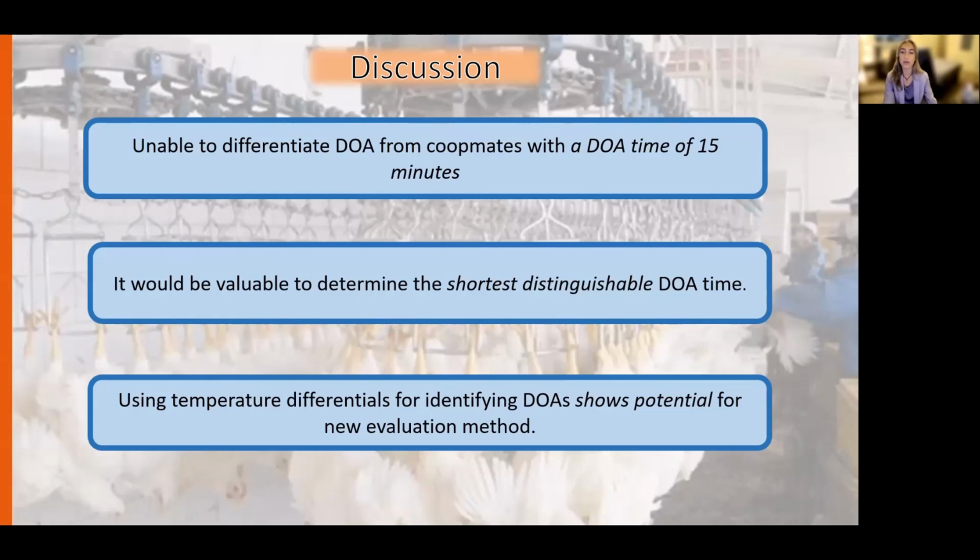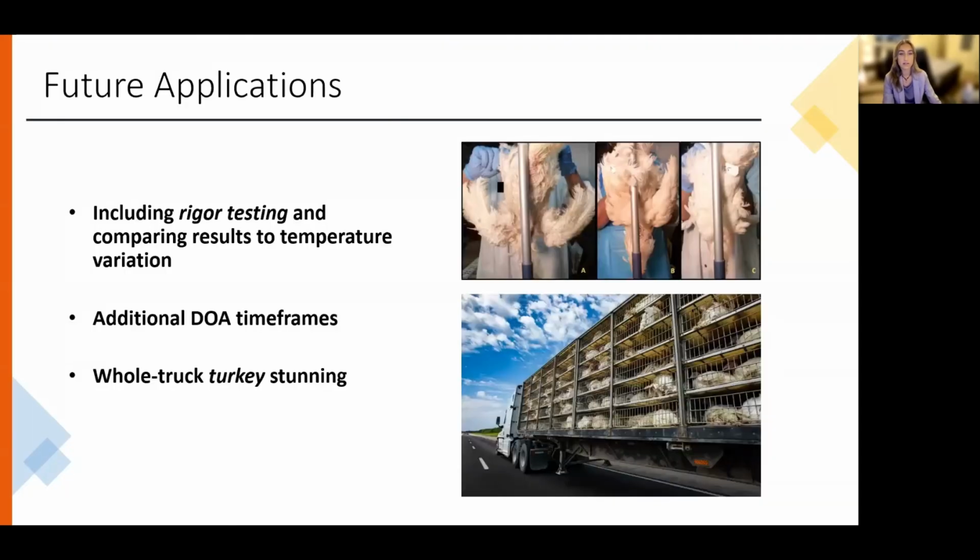What time could we actually start to see a distinguishable and significant result between the coop mate's body temperature and the DOA's body temperature? Using temperature differentials for identifying DOAs shows potential for a new evaluation method, as we did see some significant results and get some significant data from DOAs that were dead for 120 minutes.